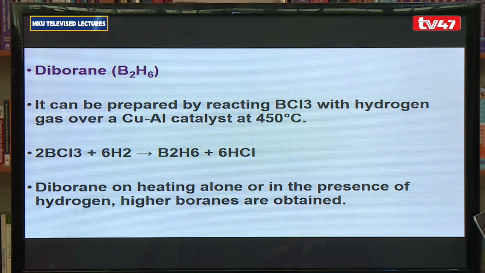Now, diborane can be prepared from boron chloride. You react it with hydrogen in an electric furnace, and then you're able to form your diborane. If you heat diborane, either alone or in the presence of hydrogen, you can get the higher boranes. So the simplest borane is diborane.